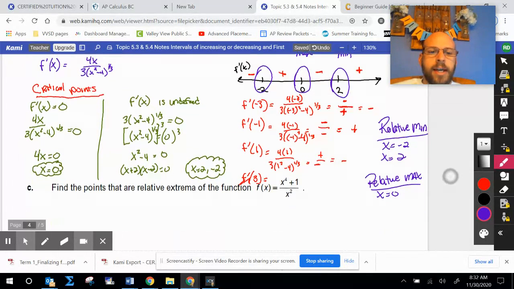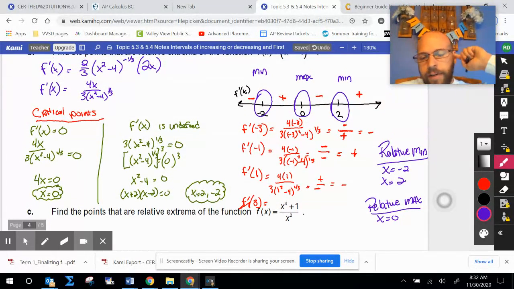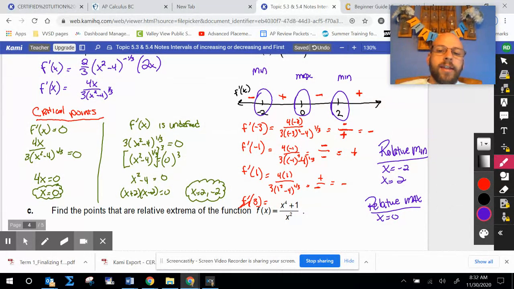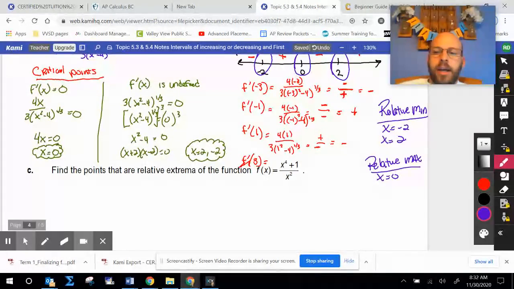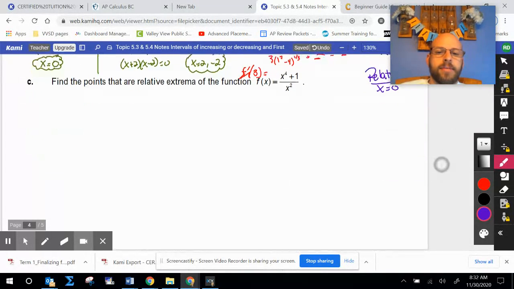Okay, that's the idea. So we're taking the derivative, finding the critical points, and then we're going to test around those critical points to figure out if it's increasing or decreasing, and then we can use that to find our maxes and mins.